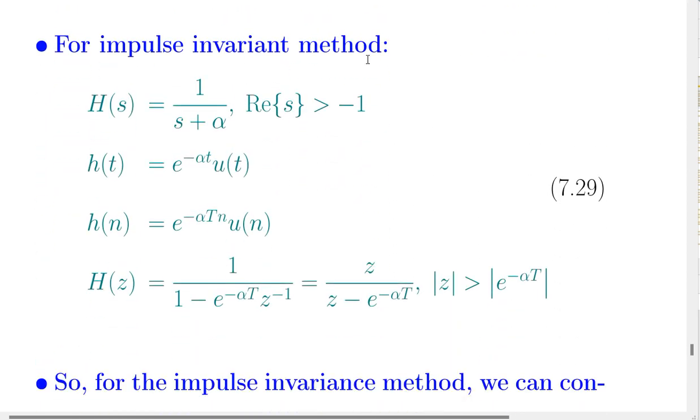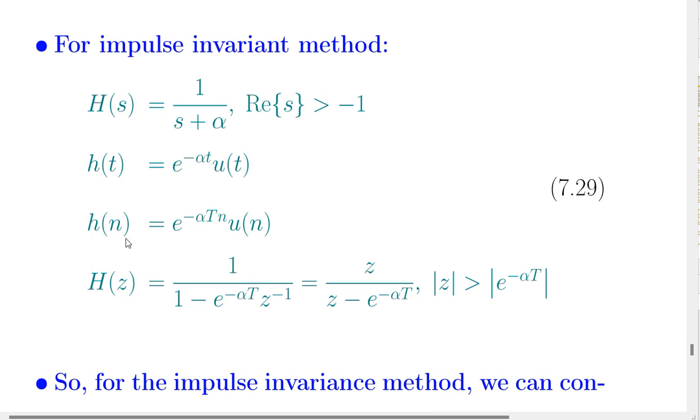For impulse invariant method, we had H of s being equal to 1 over s plus alpha. Of course, ROC demands that real part of s being greater than minus 1. So h of t will be equal to e to the power of minus alpha times t multiplied by u of t, a causal system, a right-hand-sided system.